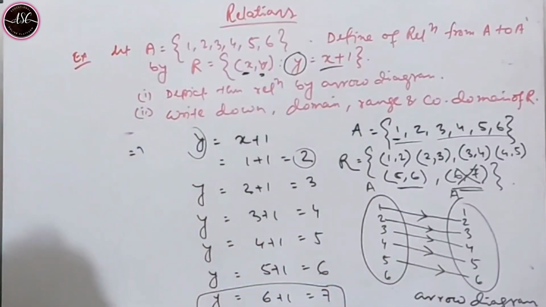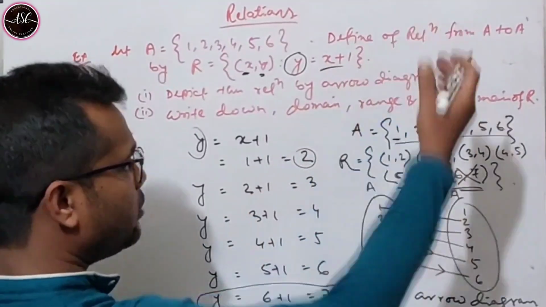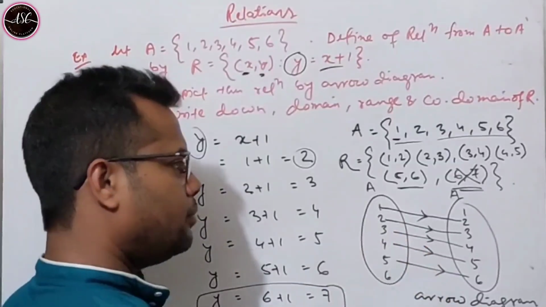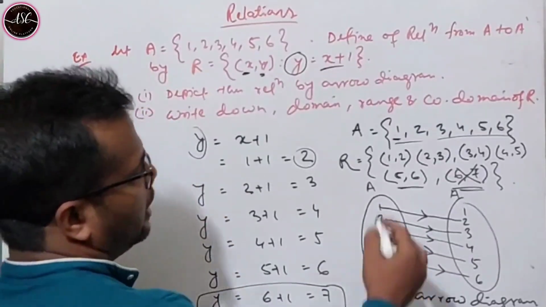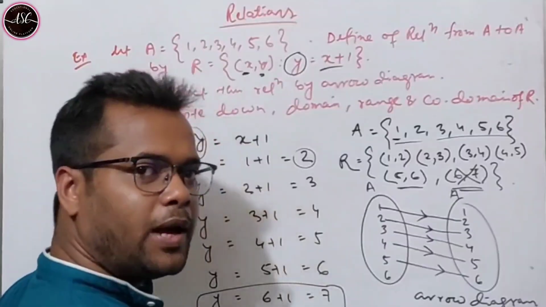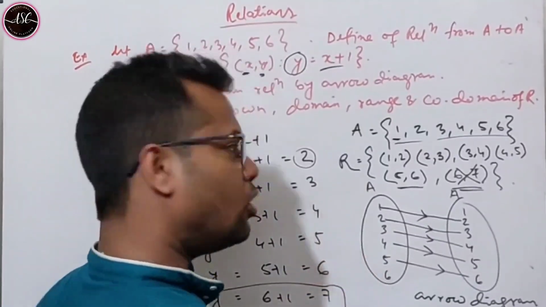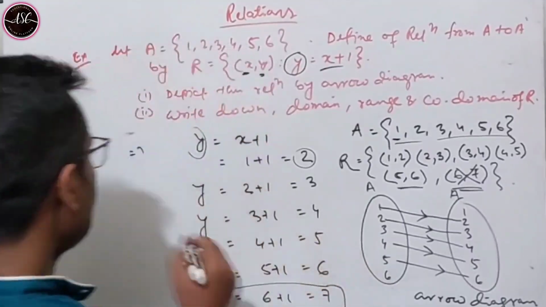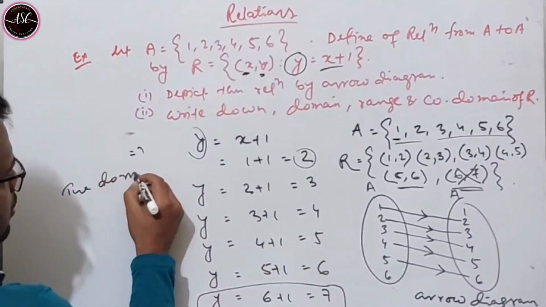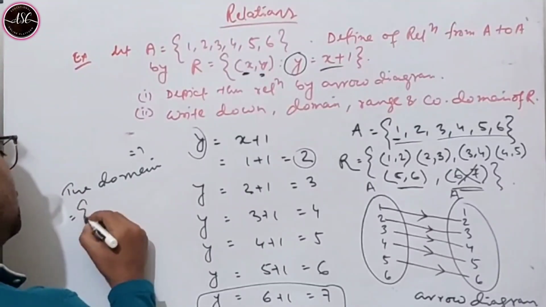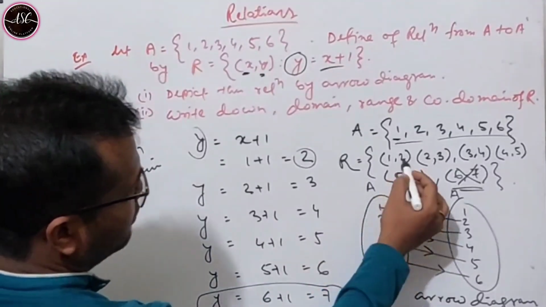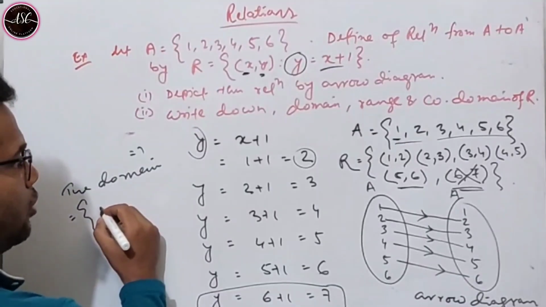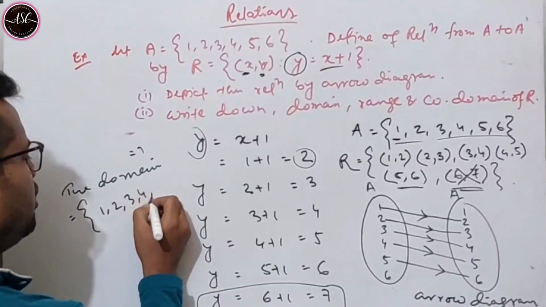Okay, then write down the domain, range and codomain. Here, we have known that the set of all the first elements in the ordered pairs of the relation R from A to A is called the domain. So the domain will be all the first elements up to 5: 1, 2, 3, 4 and 5.